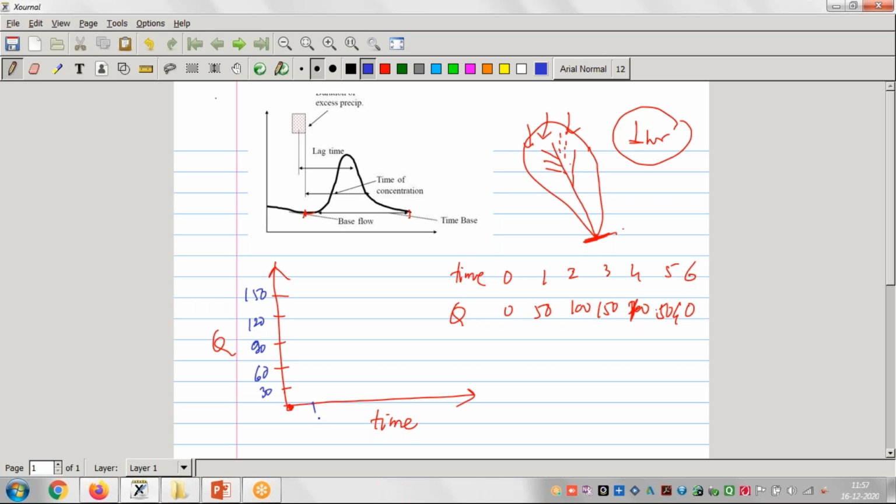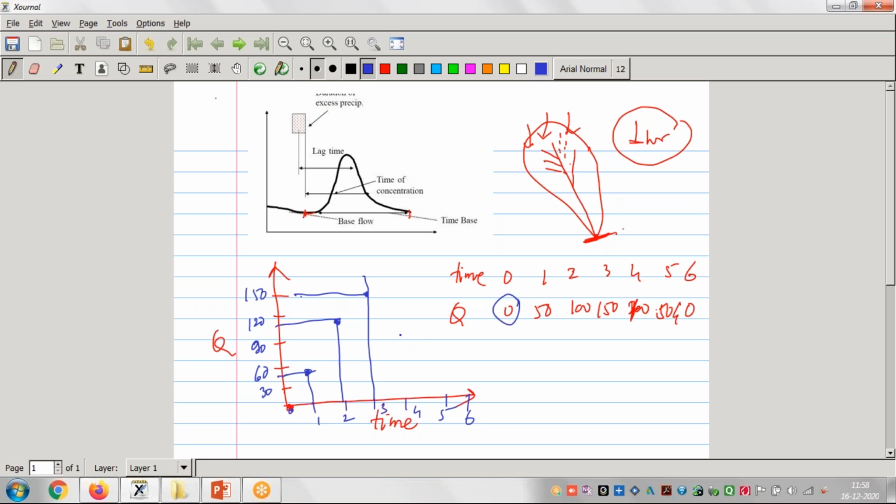The time is taken as 1 hour, then 2, 3, 4, 5, 6. At time 0, the discharge is 0. After 1 hour, the discharge is say 50, somewhere here. After 2 hours it will be say 100, somewhere here. Then after 3 hours it will reach say 150, somewhere here.